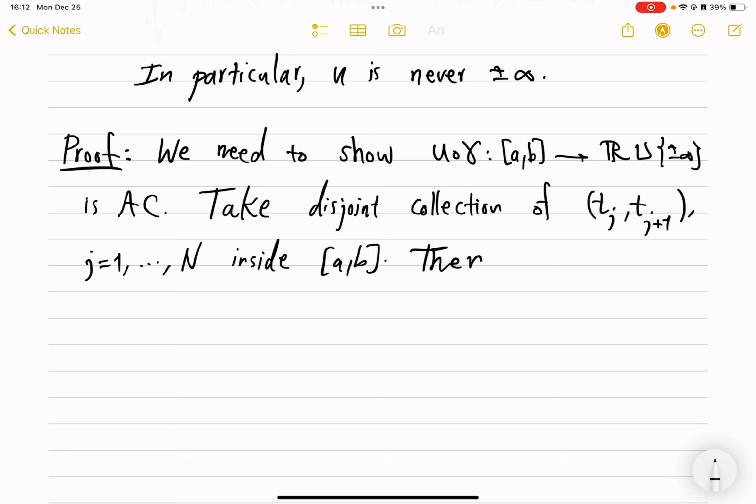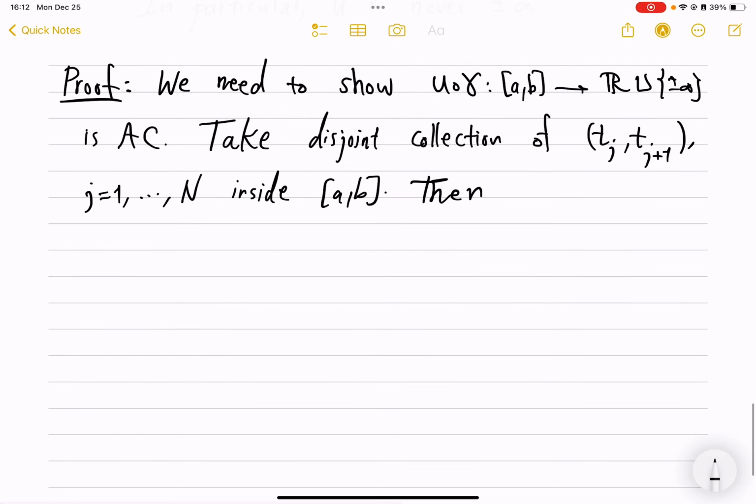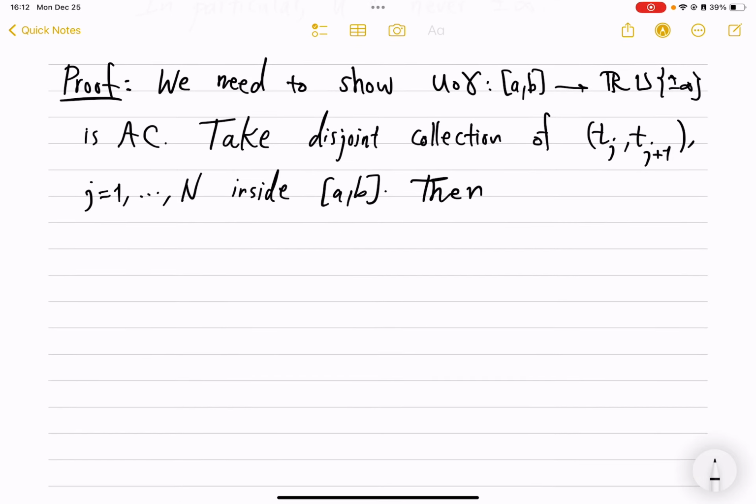Then this will sound very familiar because I've done this calculation in a slightly different context before, when showing why integrating L1 functions produces AC functions.